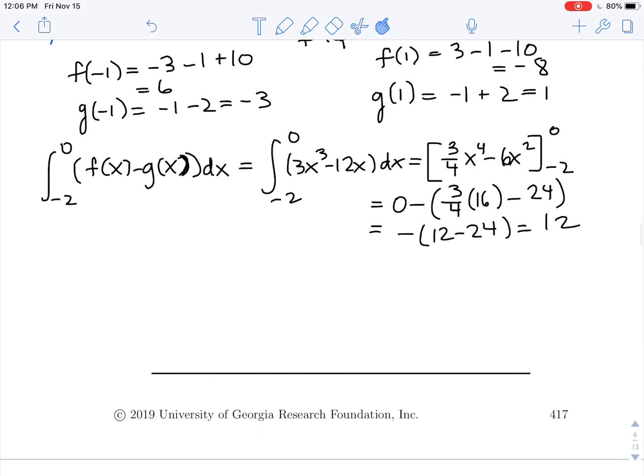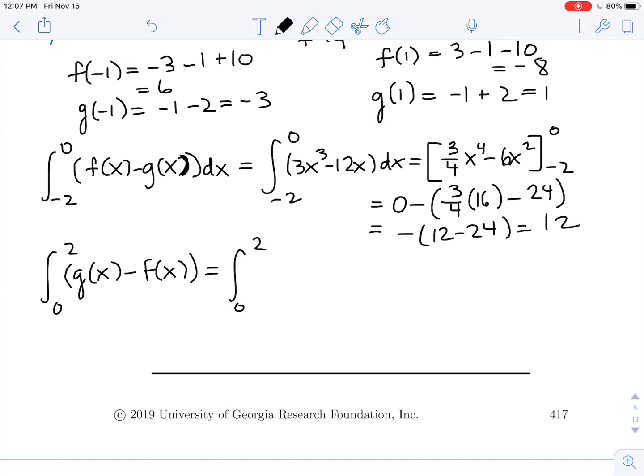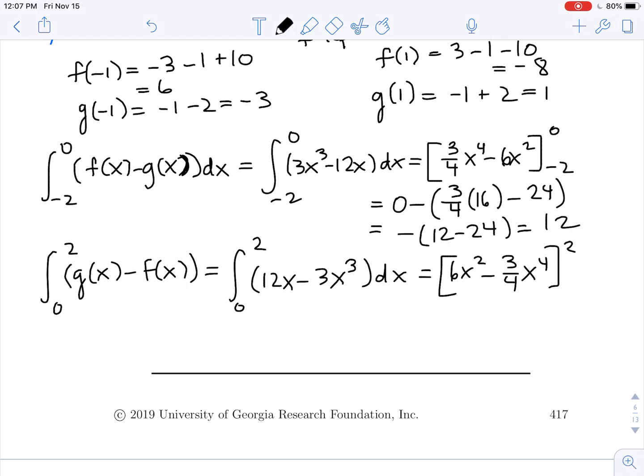On the second portion, I need to do the definite integral from 0 to 2 of g of x minus f of x, which is going to be the definite integral from 0 to 2 of 12x minus 3x cubed dx. So I get 6x squared minus 3/4 x to the 4th, plug in 2, plug in 0.